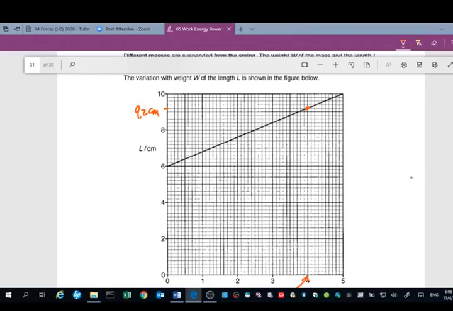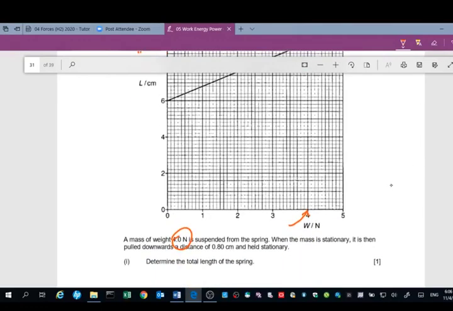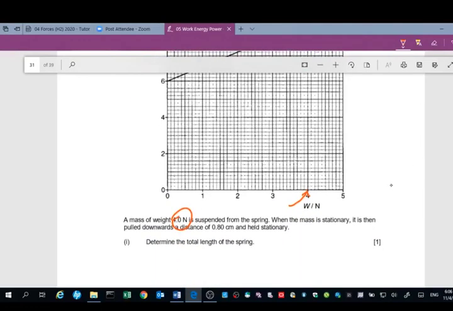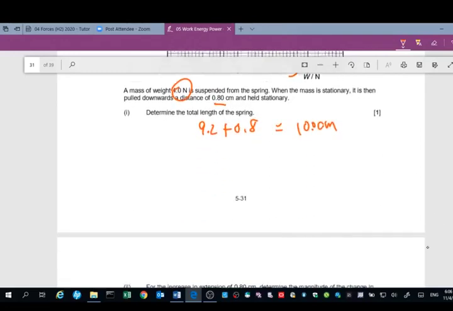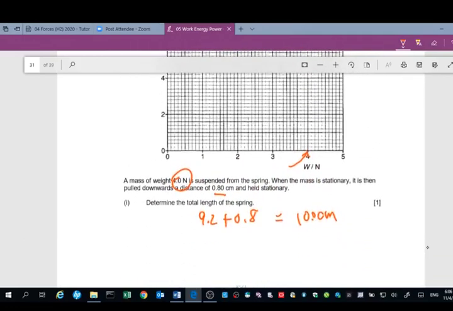So when the 4 Newton is hung there, it's already 9.2 cm. Then you pull down with another 0.8 cm, so 9.2 plus 0.8, you become 10 cm. So the total length is actually 10.0 cm, to be consistent. It's a very straightforward data reading from the graph.